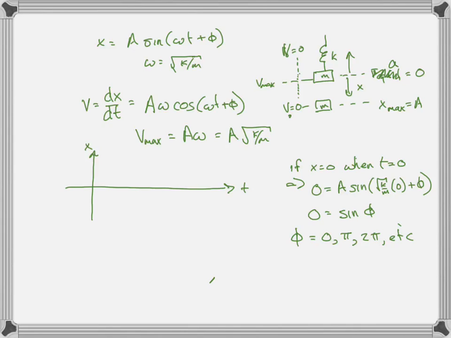So it is true that the sine of phi is 0 at many different places. But the first time it's 0 is when phi equals 0. I guess here's my point: we can set phi equal to any one of these things. Let's make it 0 to make it easy. So we're going to graph x equals A sine omega t. Phi is 0.